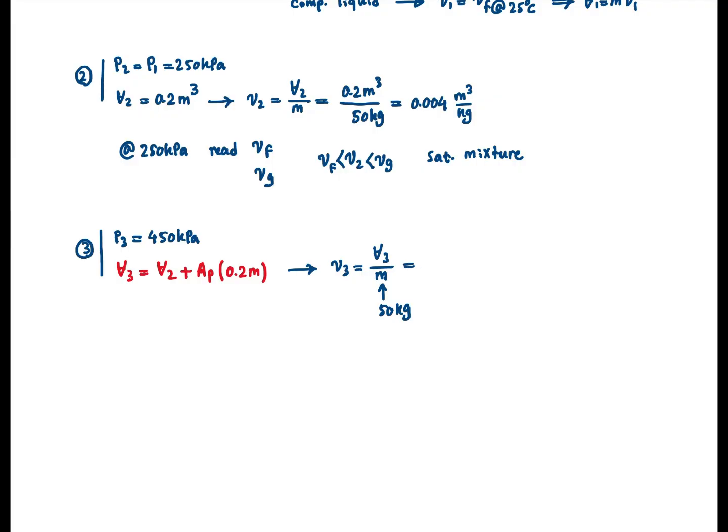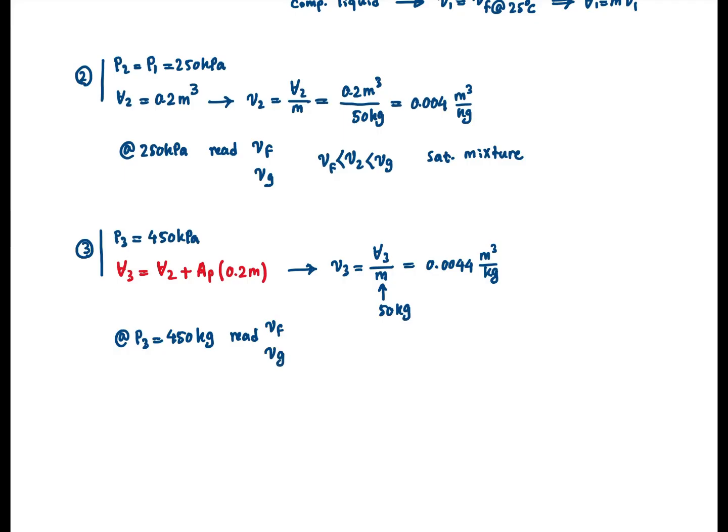Everything is given. It is going to be 0.0044 meter cubed per kilogram. Now again, I need to determine the state. At the given pressure, which is 450 kilopascal, I will go to saturated mixture table and I'm going to read for a specific volume for saturated liquid and a specific volume for saturated vapor.